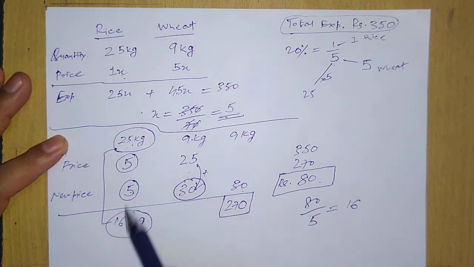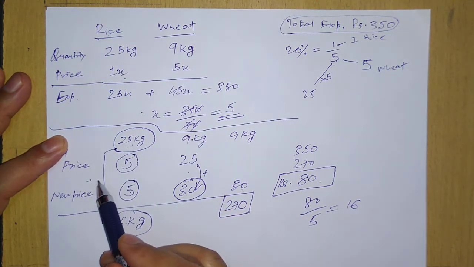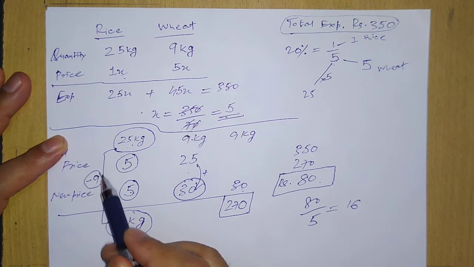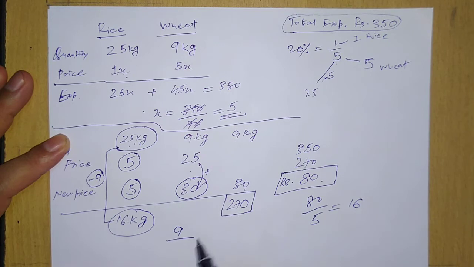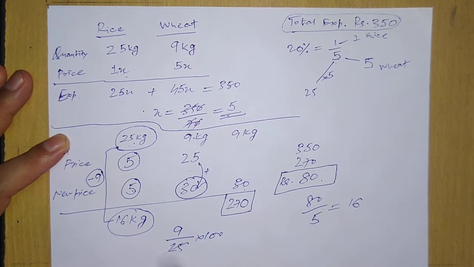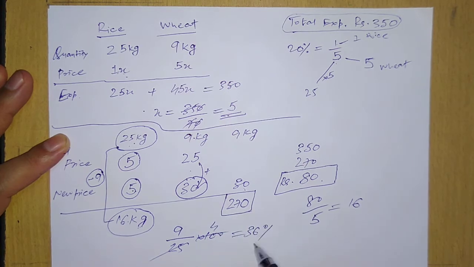Earlier it was 25, now it's 16, so 9 kg is reduced. So percent reduction will be 9 upon 25 into 100, so 36% reduction.